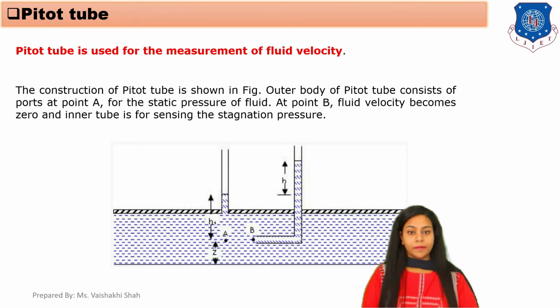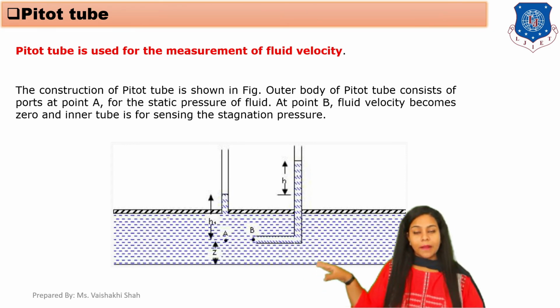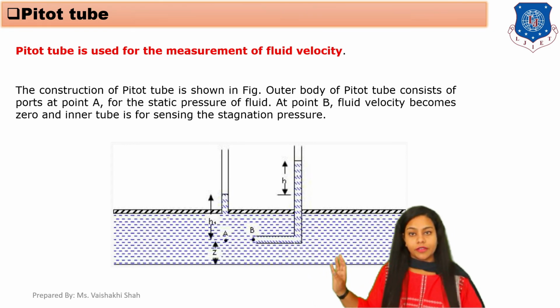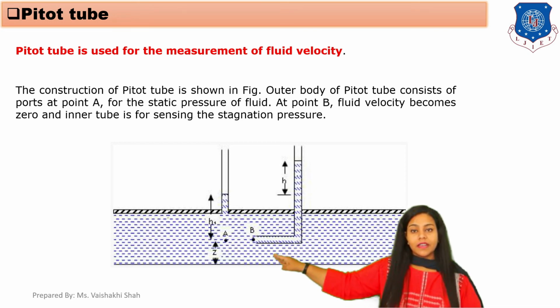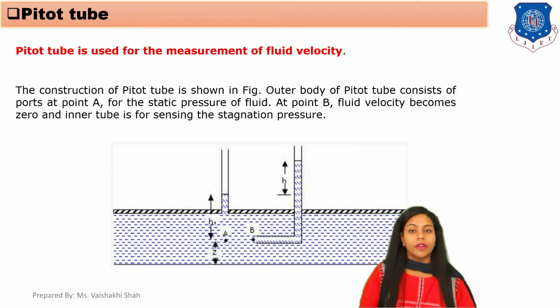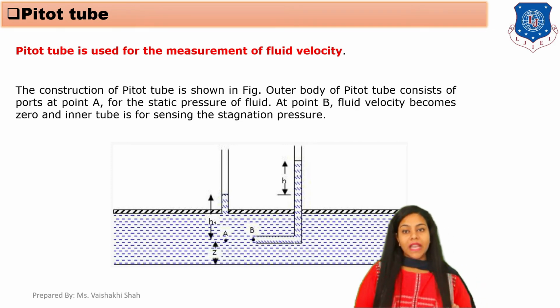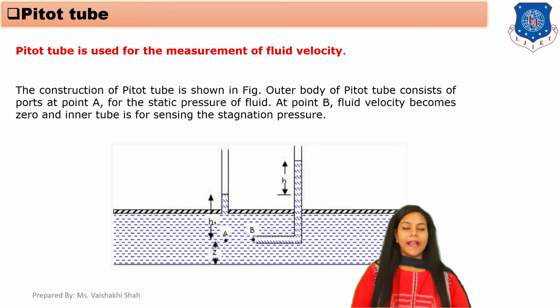So at point A the pressure applied is static pressure, but we are considering point B as a stagnation point. Now what is a stagnation point? At point B there is some velocity of the fluid, but we are considering the velocity of fluid at point B equal to 0.